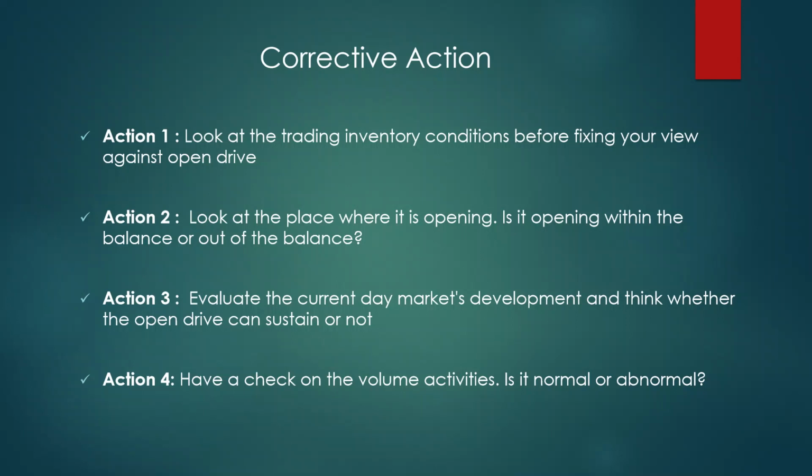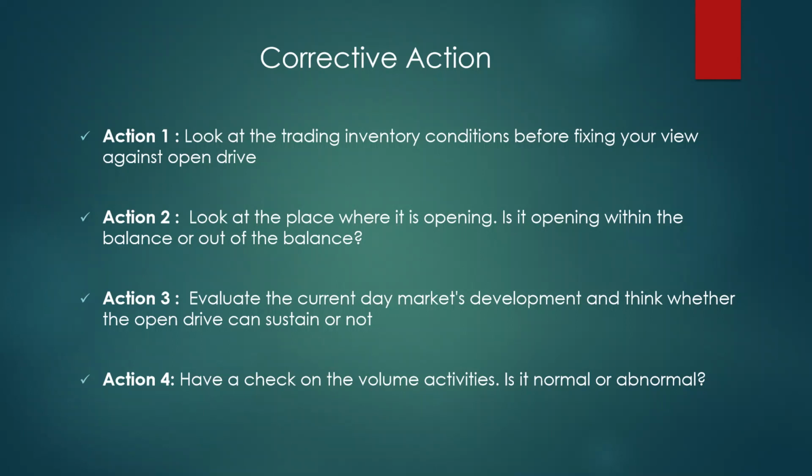Action four, you will have to check the volume activity. Please look at whether the volume at the open drive is normal or abnormal. If it is normal volume activity, you must think that nothing has changed in the market condition. So maybe some weaker hand sellers have been involved in trading, and that's why the open equal to low or open equal to high concept has arrived in the market.